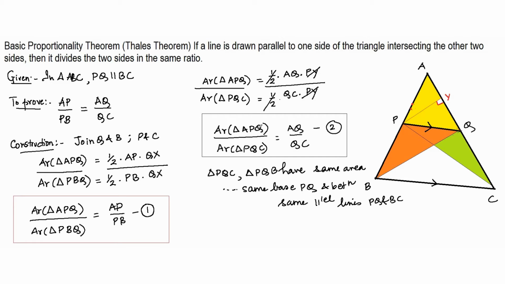So now what we are going to do is we are going to take a look at these two equations. If you notice the numerator of the left hand side of both the equations, the numerator is triangle APQ, and take a look at the denominator. The denominator is triangle PQC, area of PQC and area of PQB, and these denominators are therefore going to be equal, because just now we showed that PQC and PQB have the same area.